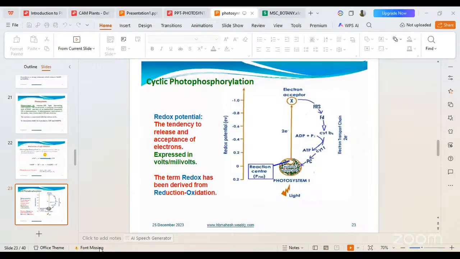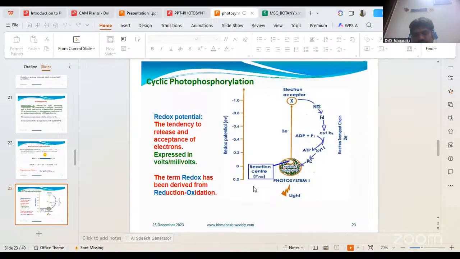That's why we call it cyclic reaction, cyclic photophosphorylation. ATP synthesis occurs by transporting the electron in a circle. Where it started, there it ends.